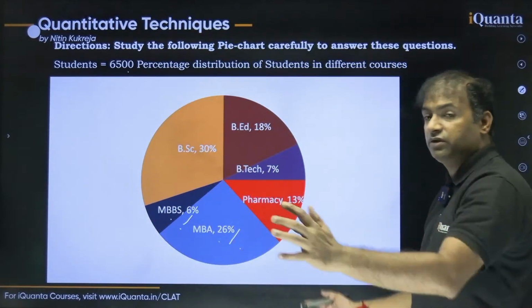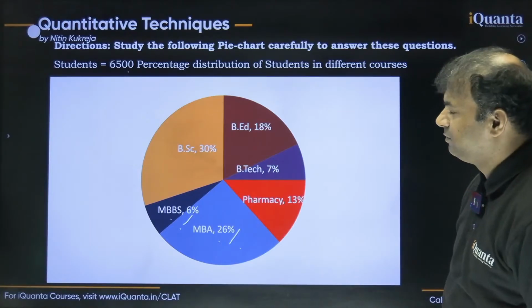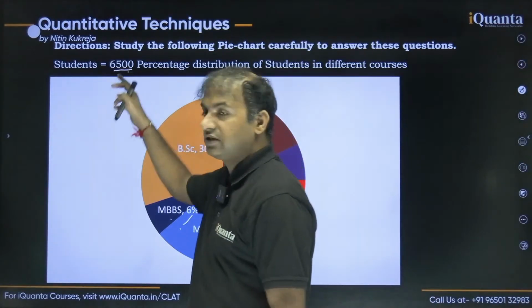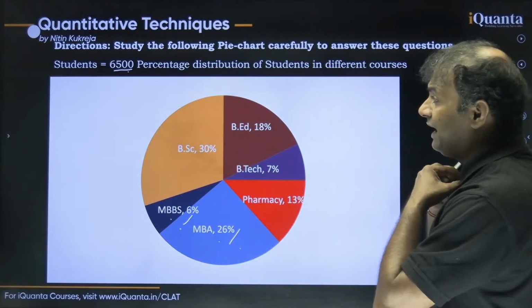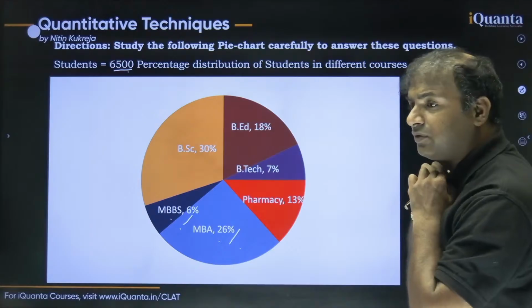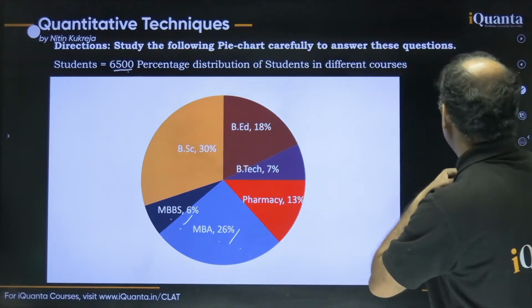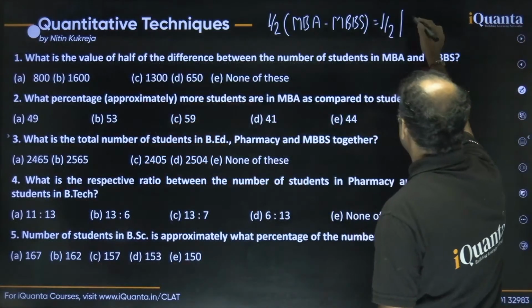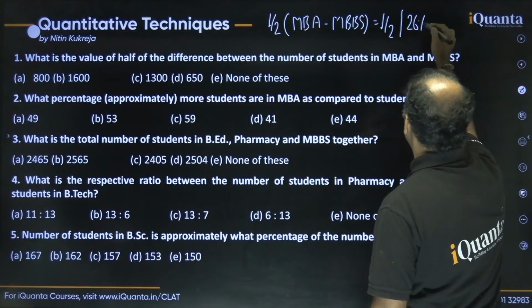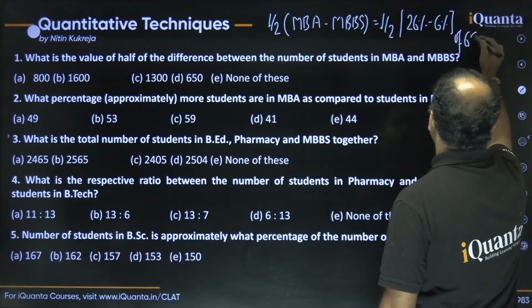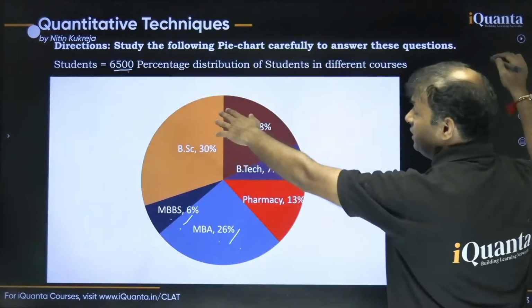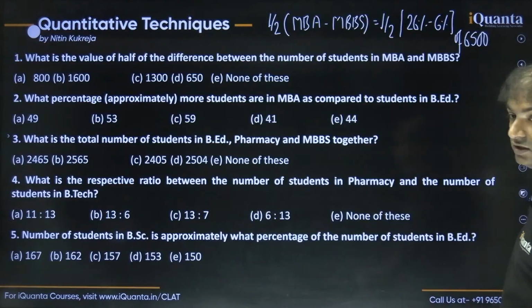So the base is the same for both numbers. The base means the total students, which is 6,500. This is the same for both categories. So instead of calculating for both, we can directly subtract the percentage terms, right? We can say this is 26% minus 6% of 6,500, which is the total number of students. So this is what you can do here.